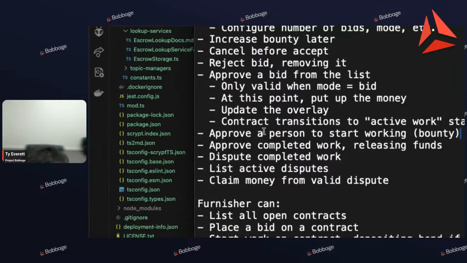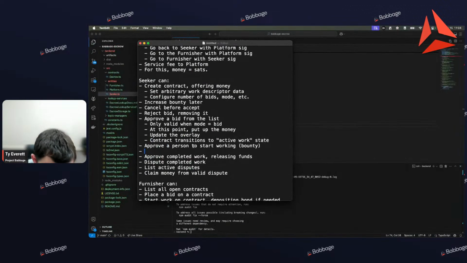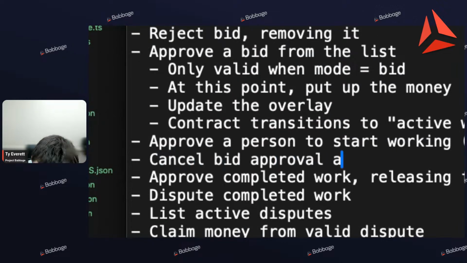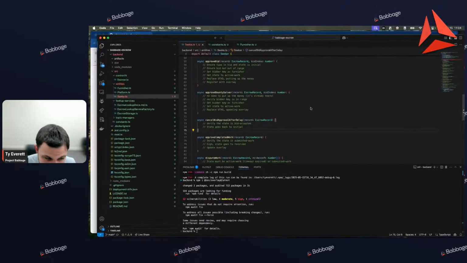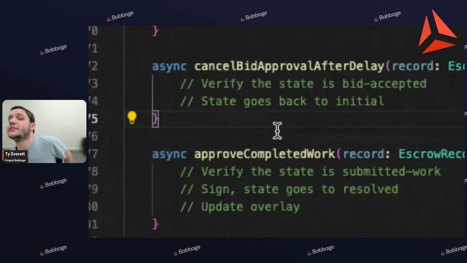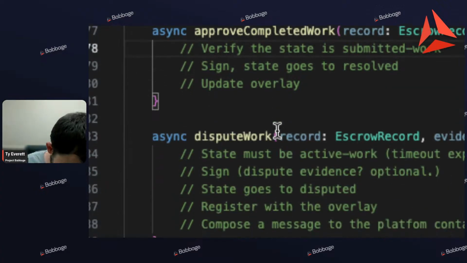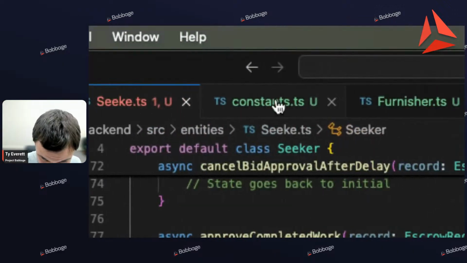I can cancel if they don't post their bond. Got it. Yeah. This is a good way to coordinate state among entities and mediate disputes. So this is how that works.